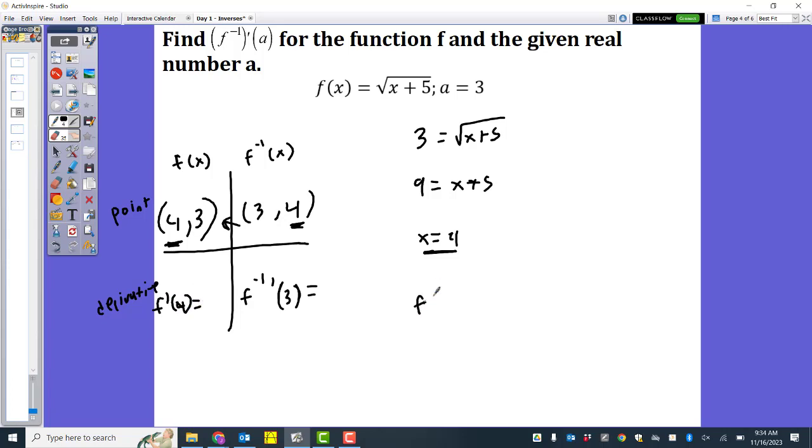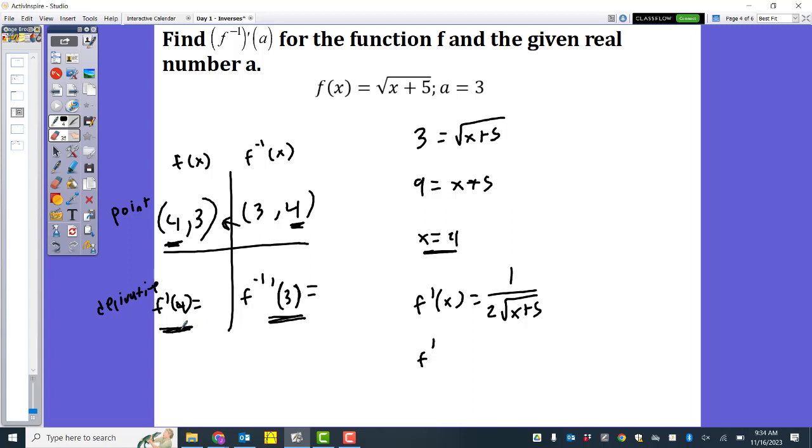So we'll take the derivative, f prime of x equals 1 over 2 square root x plus 5. And we'll plug in our x value. Now notice we're not plugging in a. A just told us our starting point. To get to what we want, we need to find the derivative of the original, and then we'll do the reciprocal of it.